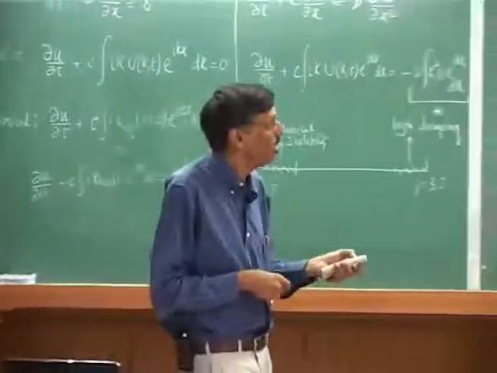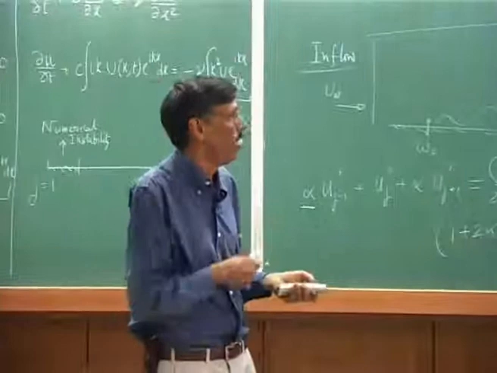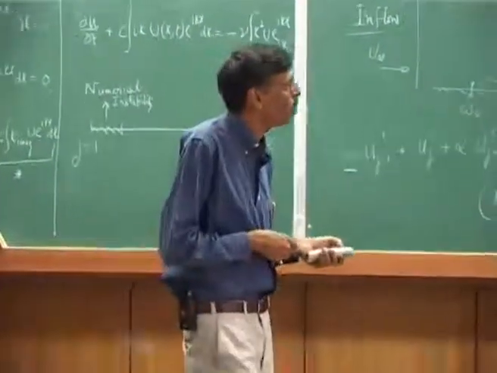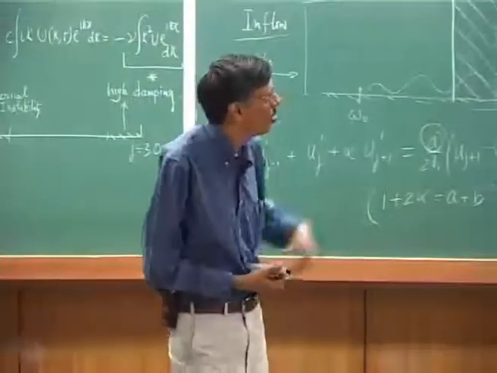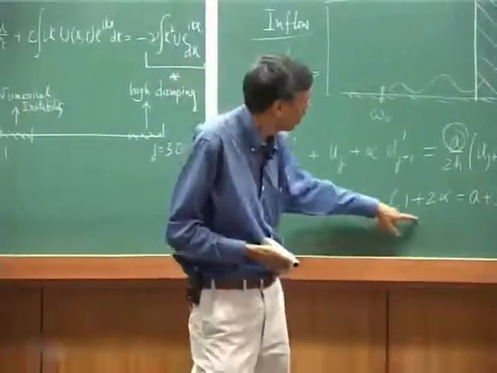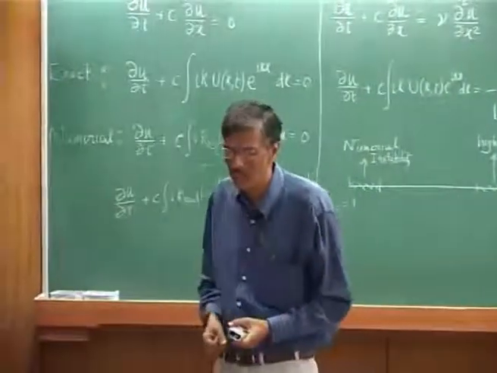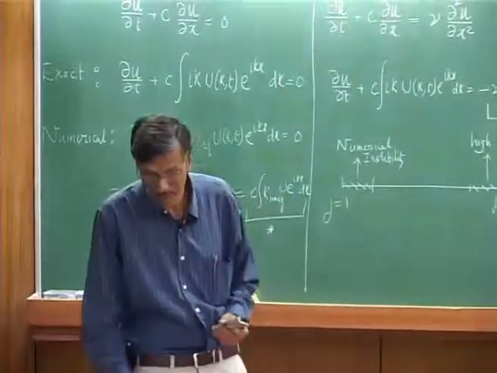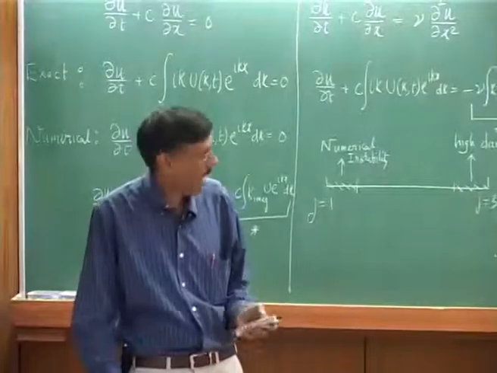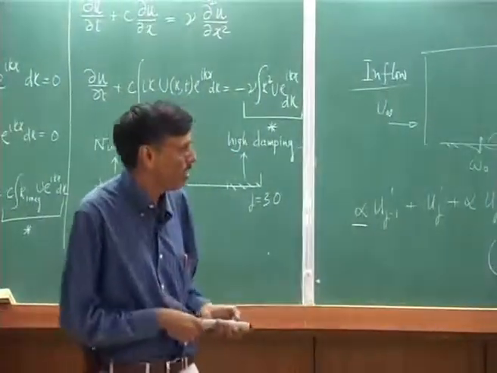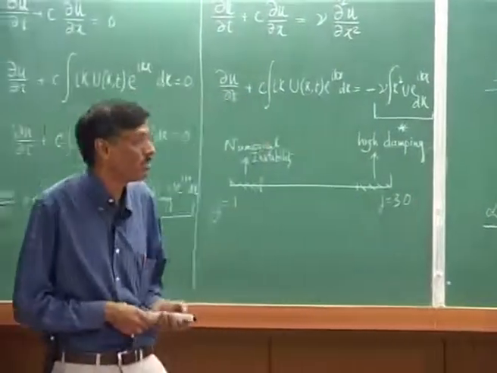What you get are truly real numbers, and these are very nice spectral properties of the scheme, and you can ensure that this is valid, that 1 plus 2 alpha is equal to a plus b. And we noted that this has a much better property than the 6th order scheme.